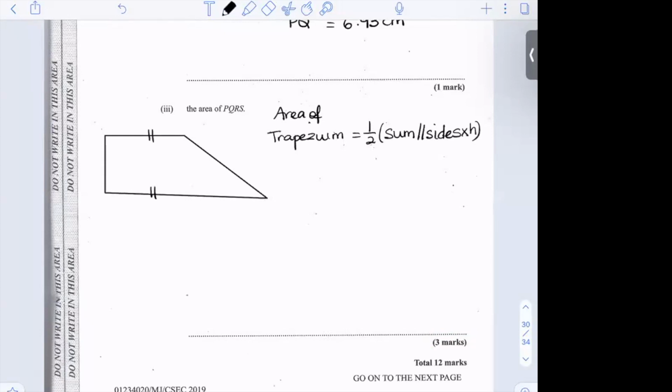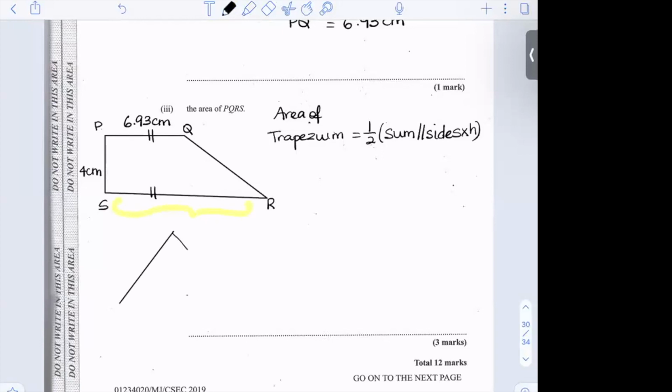We have the height as 4 and we have this as 6.93. That is what we worked out. But we do not have SR. So we need to find SR.